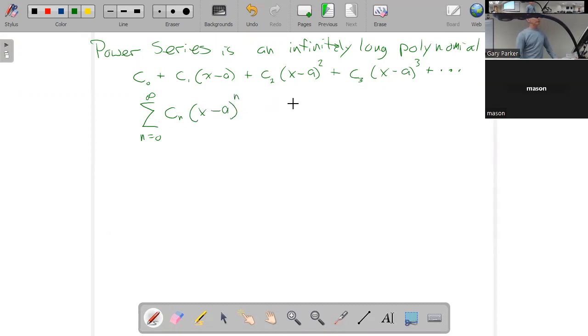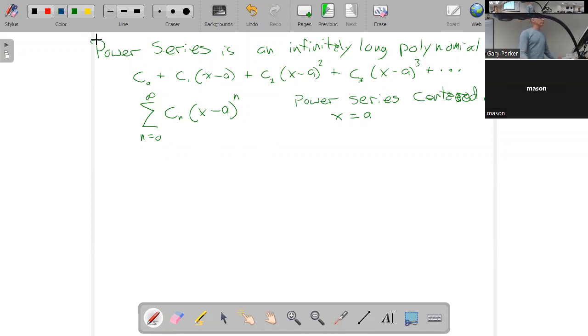And this is called a power series centered at a. Often we'll look at power series centered at 0. If we center it at 0, we'll just get an x to the power n. But it could be centered somewhere else.